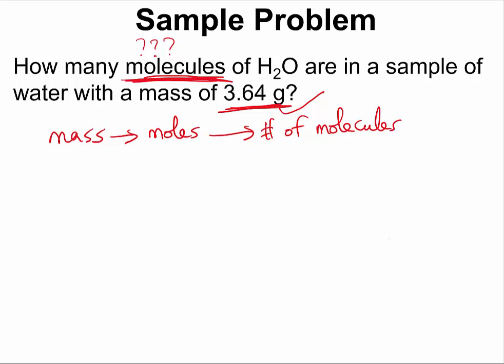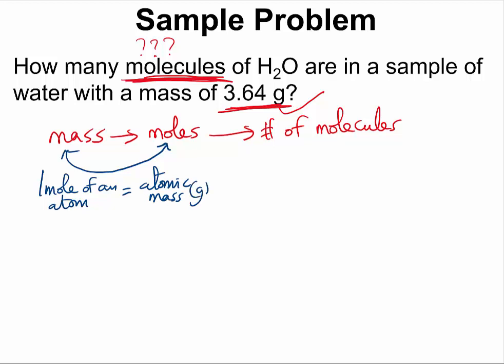How are we going to be able to do this? The relationship between mass and moles, we know: 1 mole of an atom will be equal to the atomic mass of the atom in grams.